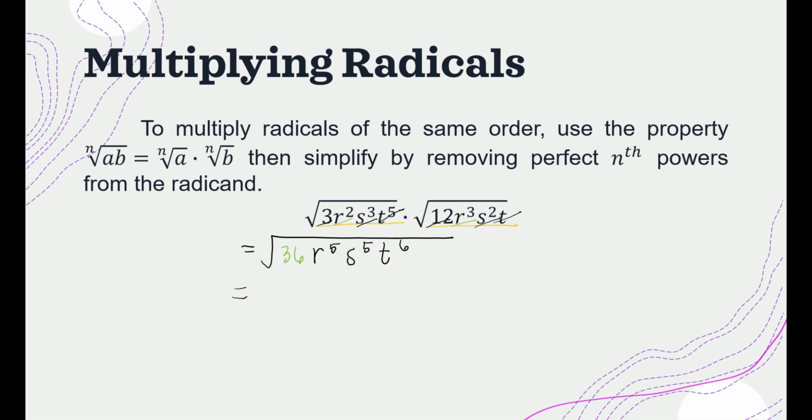And then now we can apply the law of radical nth root of a times b equals nth root of a times nth root of b to this expression to simplify this.